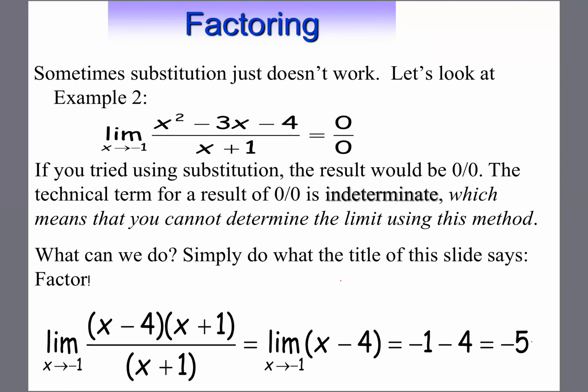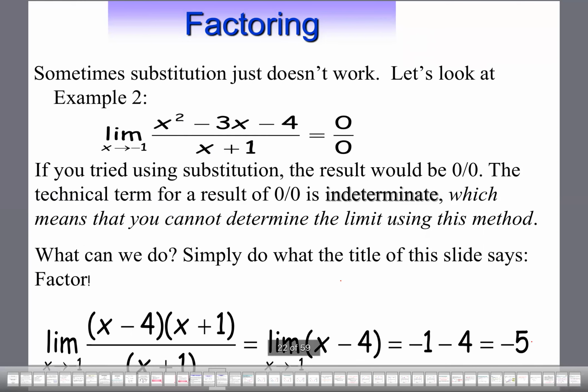Without thinking about factorizing, we can just apply substitution first and check. Substituting this value, x squared equals minus 1 multiplied by minus 1, which is 1. And minus 3 multiplied by minus 1, which is plus 3, and the remaining constant value 1. On the other side, minus 1 plus 1.